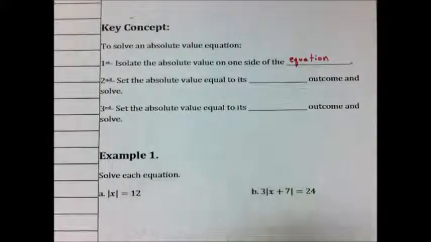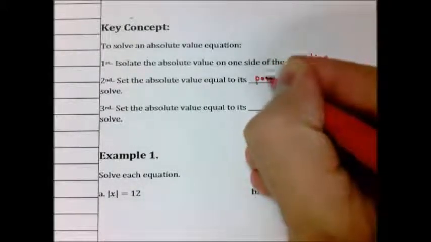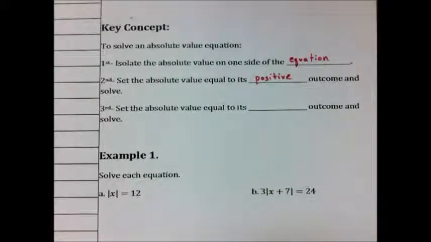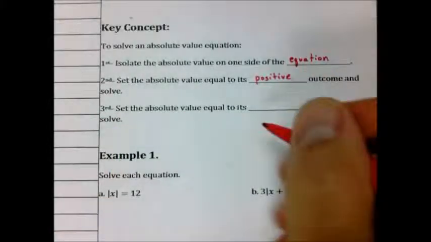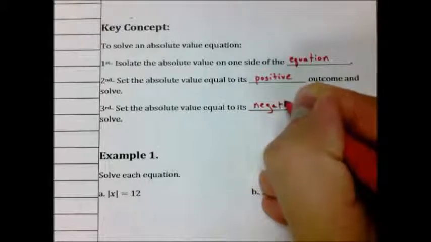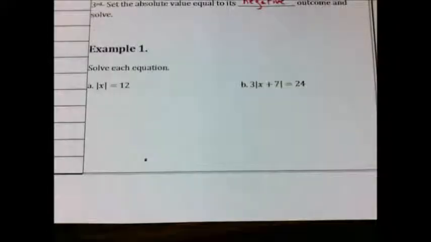The second thing we need to do is set the absolute value equal to its positive outcome and solve. That essentially means the absolute value of this equals some positive number, okay? The third step is to set the absolute value equal to its negative outcome and solve again.